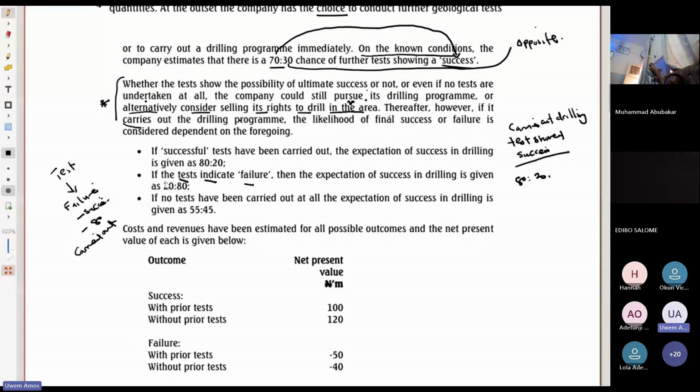The first item would be success, and the second value will be the opposite of that, which would be failure. So what you need to do is find out which line is where the test shows failure and it carried out drilling despite the test showing failure, and then you plot in the expected values, and that's what we have here.